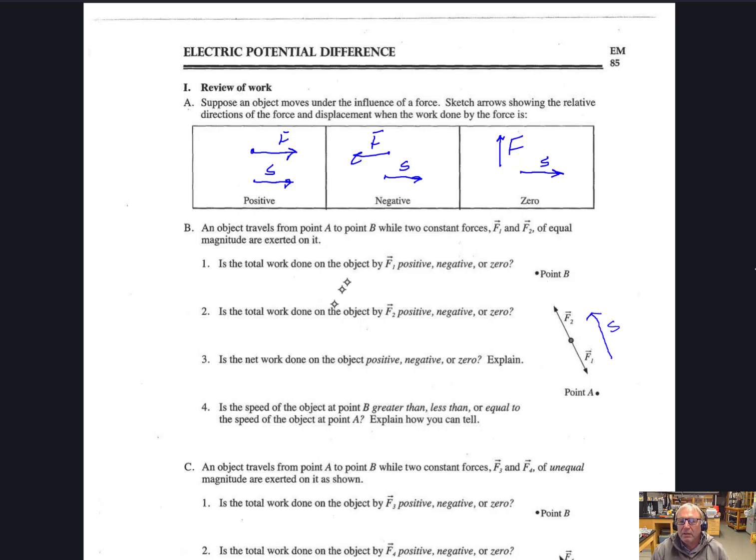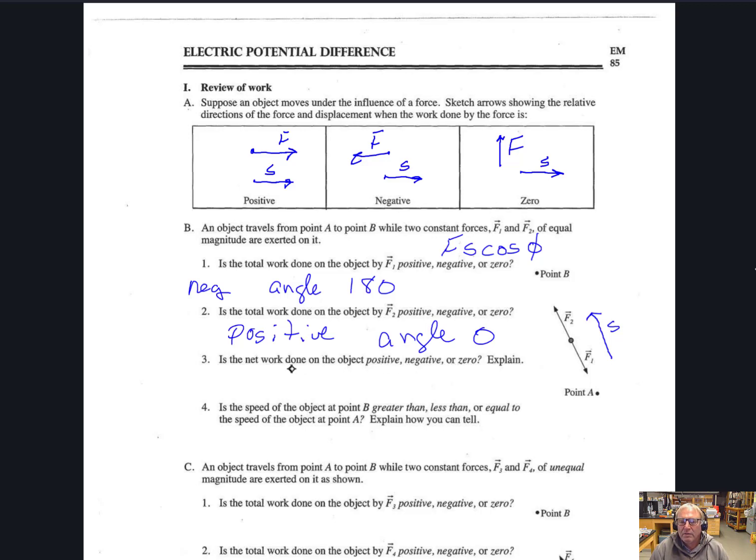Okay, so F1 is negative, angle is 180, and the equation is F s cosine theta. F2 is in the same direction, so it's positive, and in particular the angle here is 0.